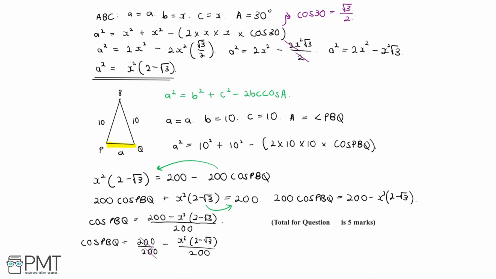So we can say that cos PBQ is equal to 1 minus x squared (2 minus root 3) over 200. And we can leave the x squared at the end and write this as cos PBQ equals 1 minus (2 minus root 3) over 200 multiplied by x squared. And that's how you get the final answer for this question.